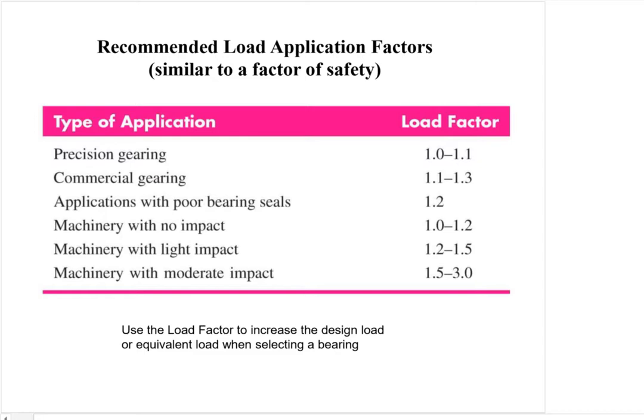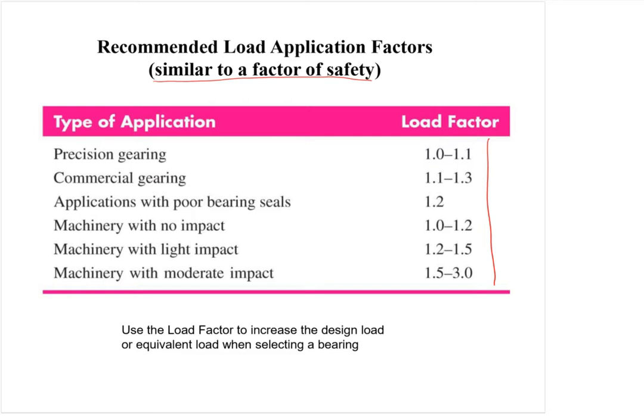Load application factors, again, so if you have a problem that has impacts, this is similar to a factor of safety. You just multiply the load by this factor. That's why it's called load factor. So they've got some. It's just a starting point here in lieu of a factor of safety for your bearings.